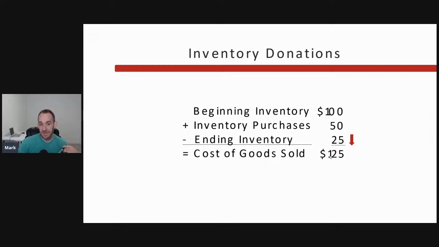So when you donate inventory, let's say you had 25, you donate inventory of 20, that's going to bring this down to 5. So then you have 100 plus 50, 150 minus 5, and that's going to increase your cost of goods sold. So it's just a function of how this formula works.